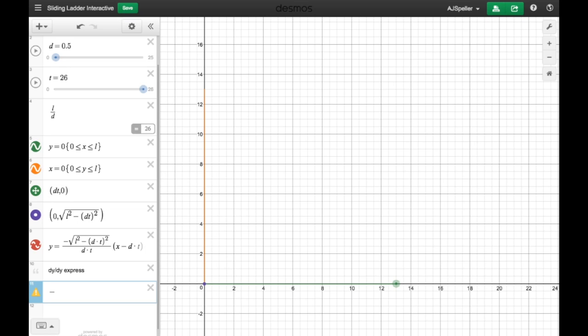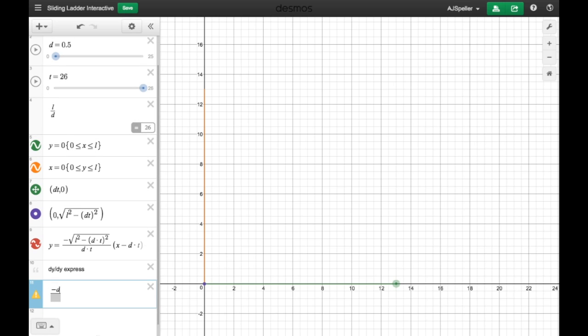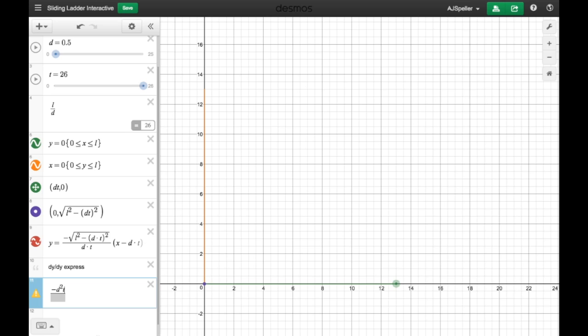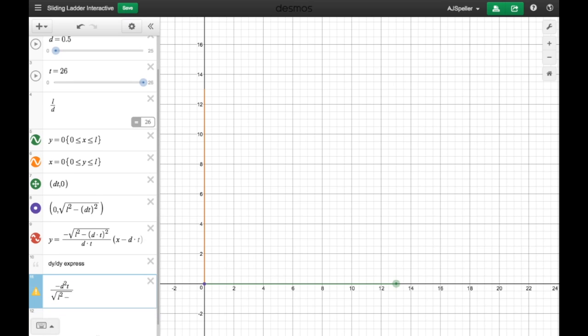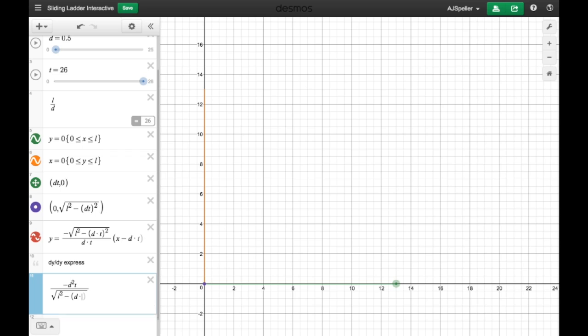That turns into a fraction, with d to the second times t as our numerator. And the denominator is going to be the square root of L squared minus d times t, and that quantity is squared.